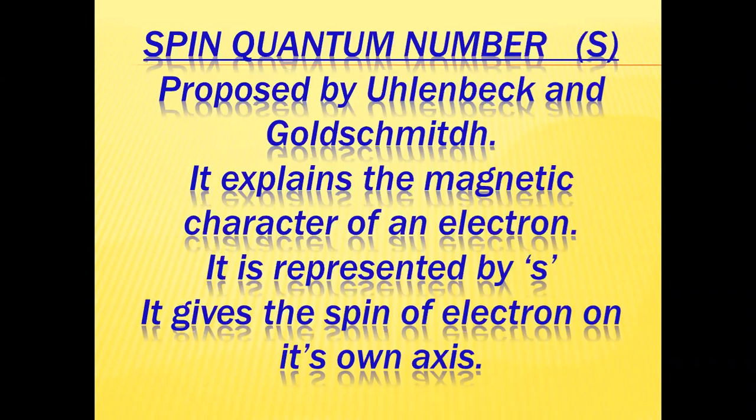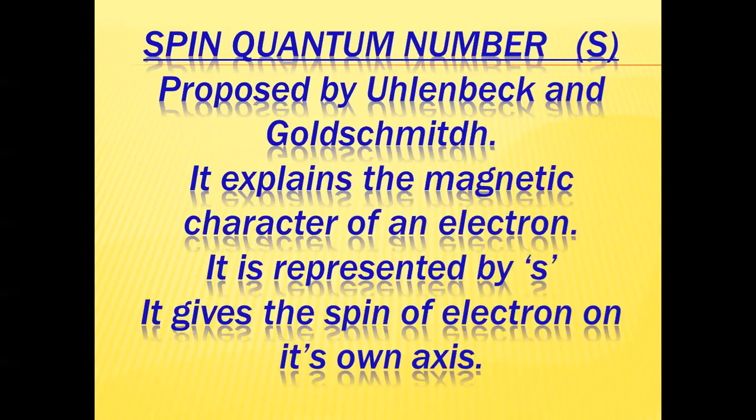Of these four, in the last lesson, or part 5, we discussed three main quantum numbers, n, L, and m, that is principal quantum number, azimuthal quantum number, and magnetic quantum number.